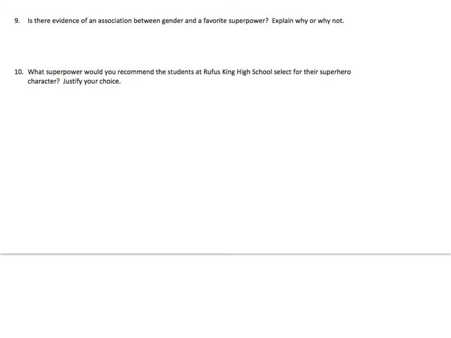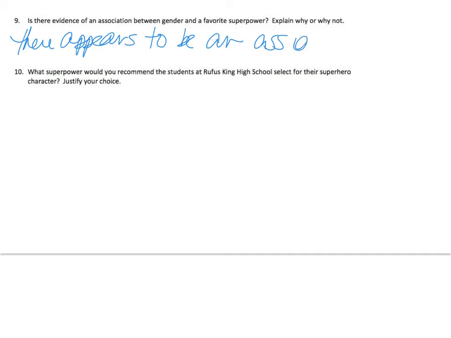Okay, but evidence of the association is strongest if there's a large difference. So for number 9, there appears to be an association. Can't spell.